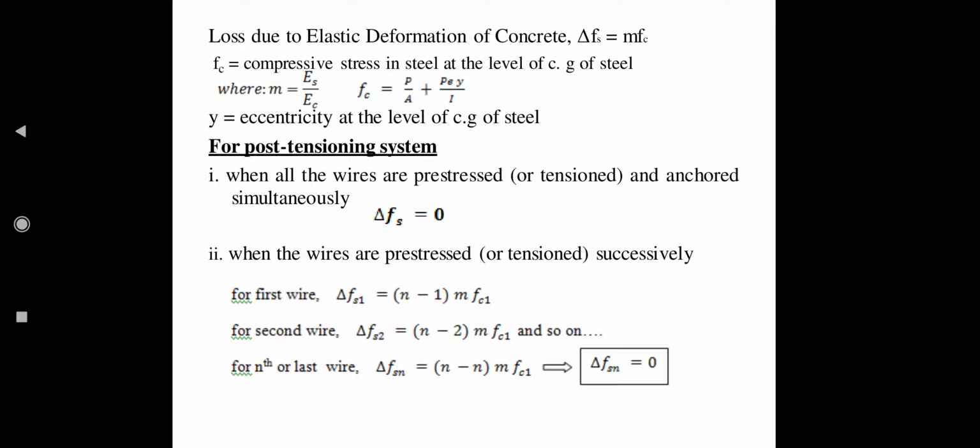So first let us see for pre-tensioning members how to calculate the loss due to elastic deformation of concrete, or shortening of concrete. That is calculated by the formula delta Fs is equal to m Fc. This is the formula which is used to calculate the loss that occurs due to shortening of concrete.